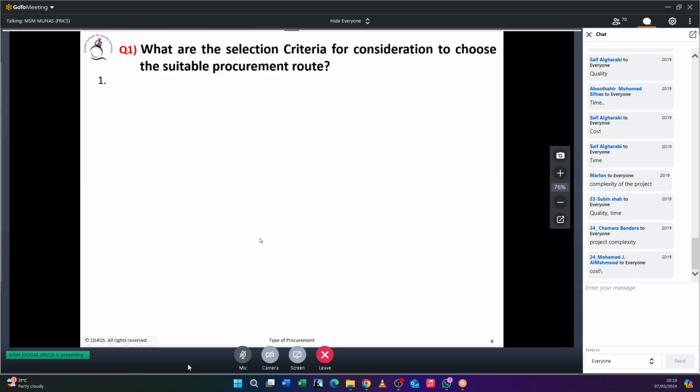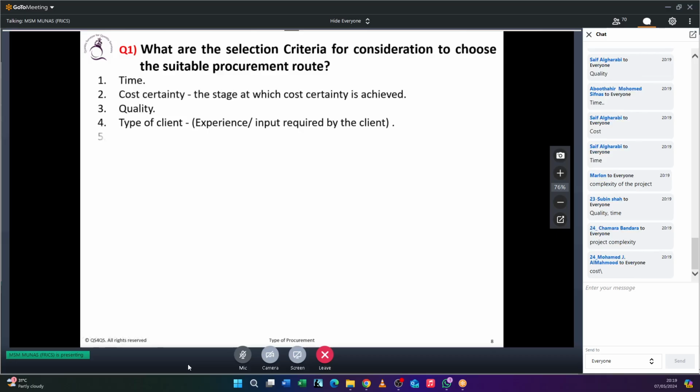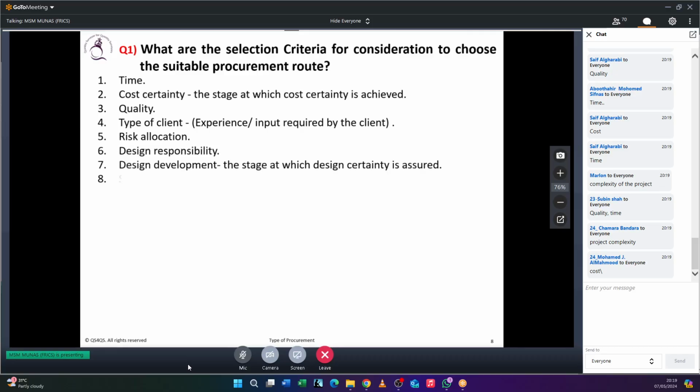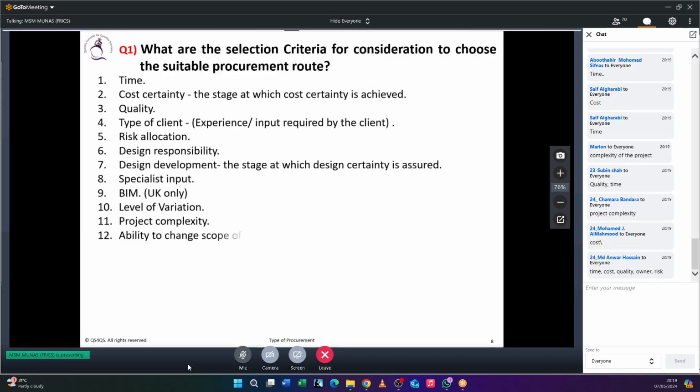Okay, so the factors that we have discussed, time, cost, all the things we discussed so far, will be the factors that impact the procurement selection.